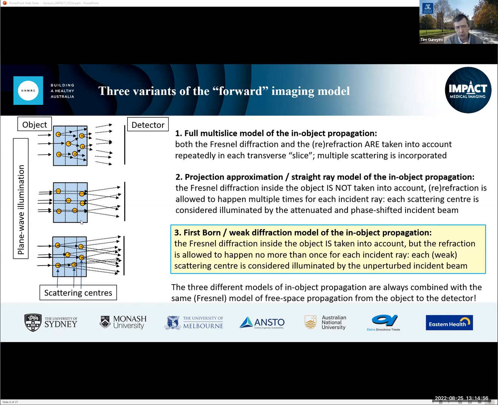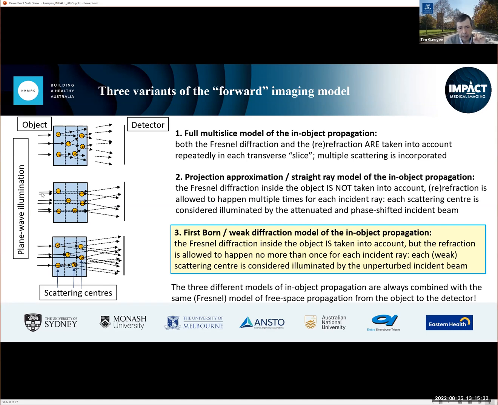In a simplified model that we currently use in our work, one adopts a so-called projection approximation for the description of propagation of X-rays through the object. In this approximation, which actually works quite well for hard X-rays and soft matter, the trajectories of X-rays through the object are considered to be straight. So any deviation due to scattering from the straight trajectories is neglected because it's really small.